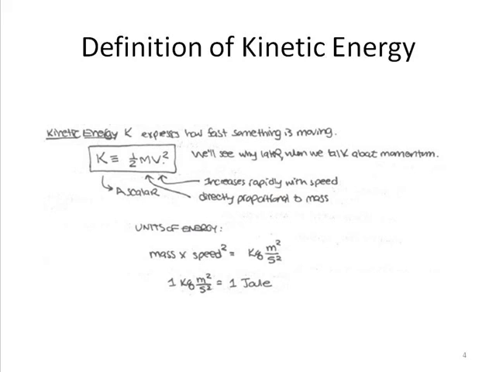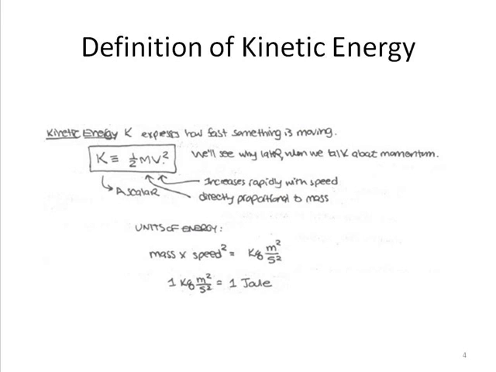A more massive body moving at the same speed as a less massive body carries more kinetic energy. It takes more work, as we'll see shortly, to get such a body moving than it does a lighter body. The fact that it depends on v squared means that it increases rapidly with speed, not linearly, but by the square of the speed.